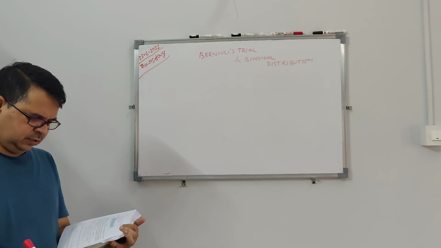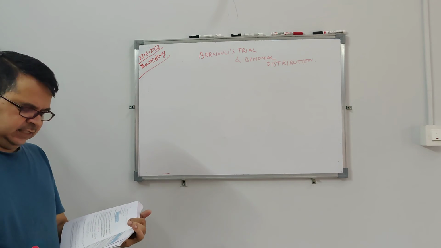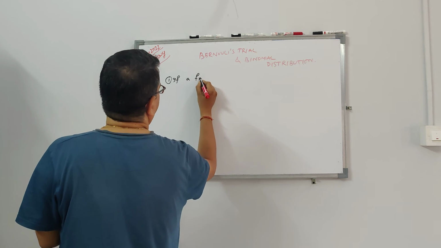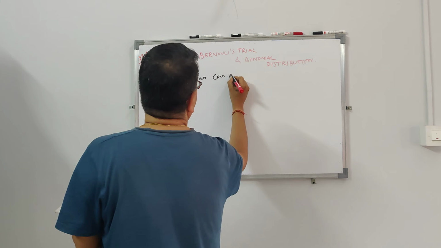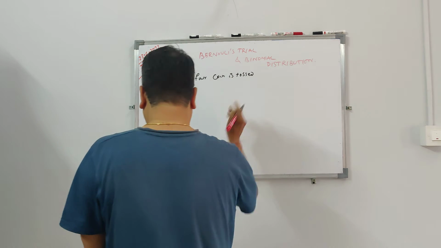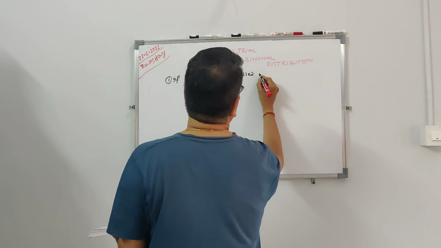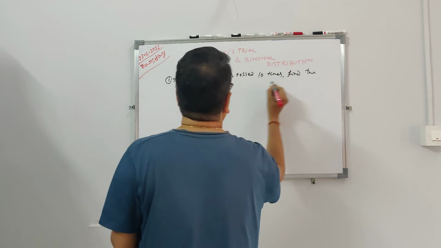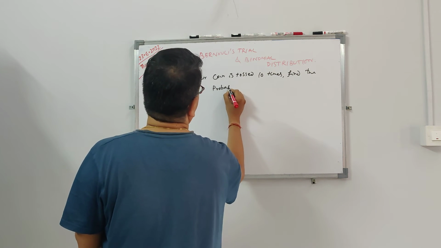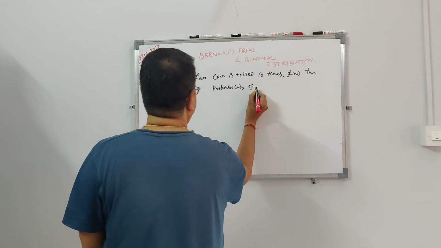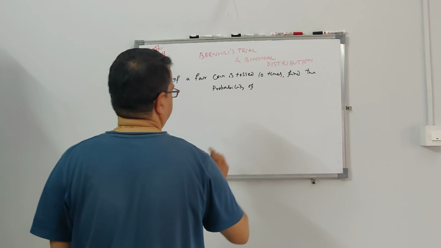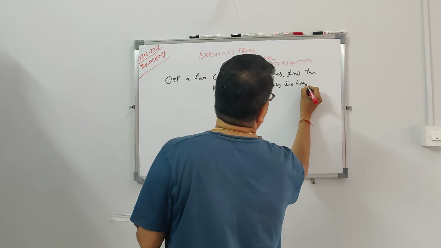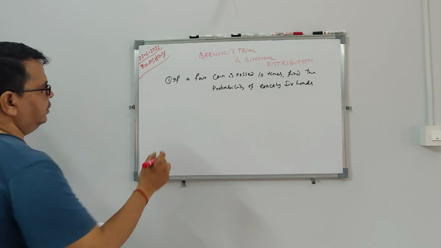If a fair coin is tossed 10 times, find the probability of exactly 6 heads.